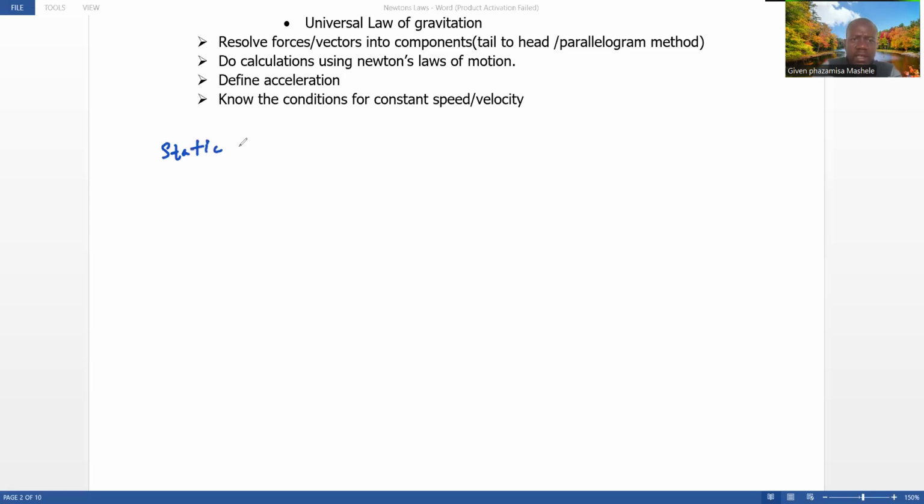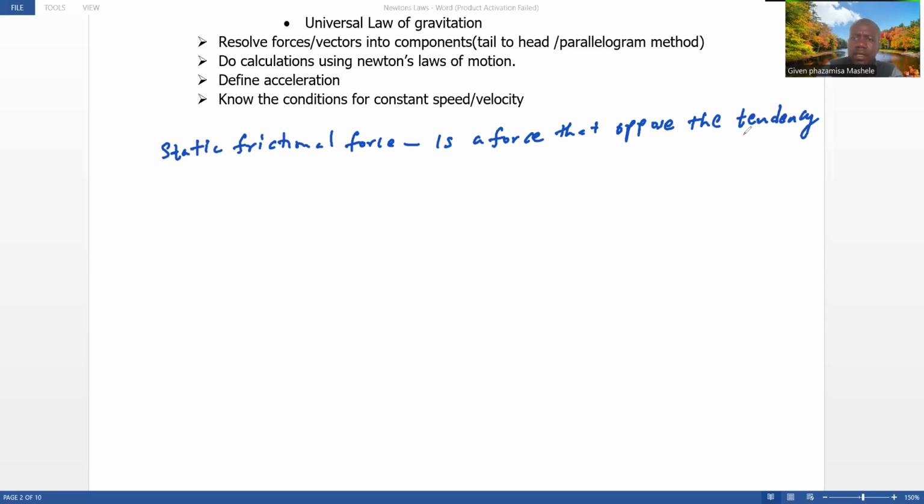Under the static frictional force, we said a static frictional force is a force that opposes the tendency of motion on a stationary object relative to the surface.